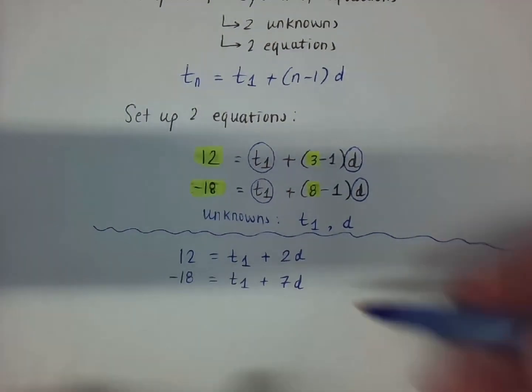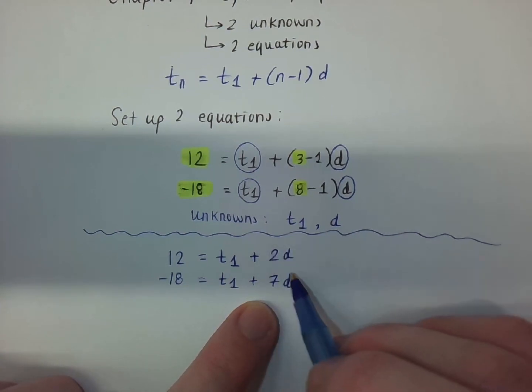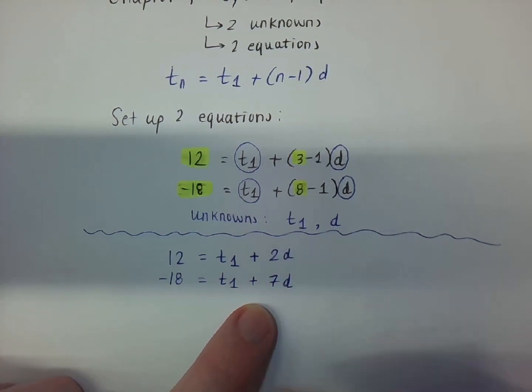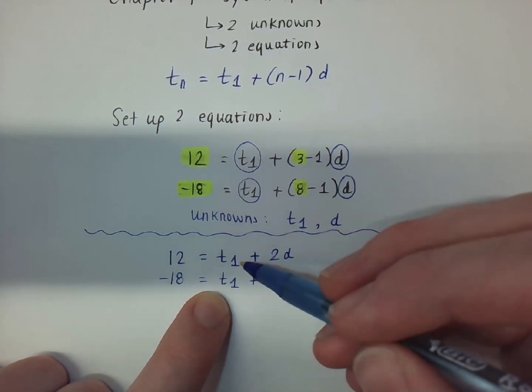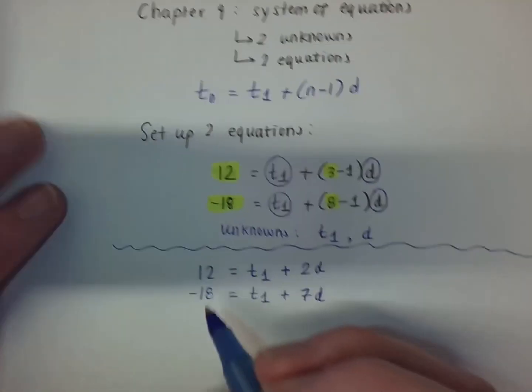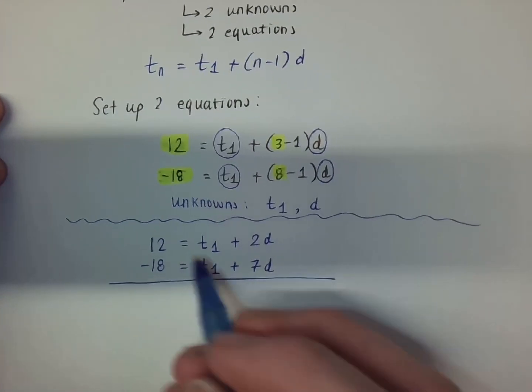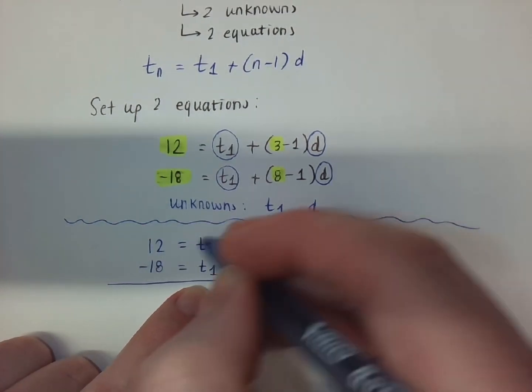If these are my equations, I could easily just fully eliminate T1. I was just thinking maybe I'll multiply and eliminate d, but I can use elimination to eliminate T1.